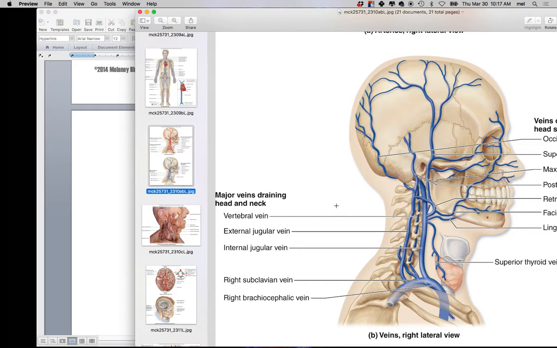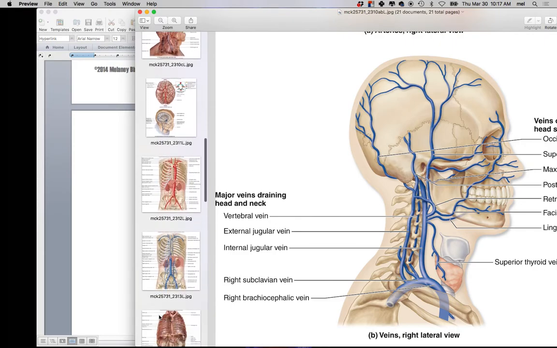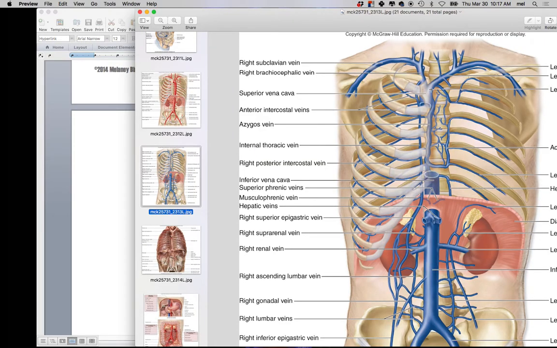The external jugular dumps into the subclavian, right? After you've gathered up all of the blood from the head and the arm, it forms this vessel. What's that one? That's the brachiocephalic vein. You've got 2 of them. And then remember, your 2 brachiocephalic veins will join to become your superior vena cava. Does that sound familiar? Okay.